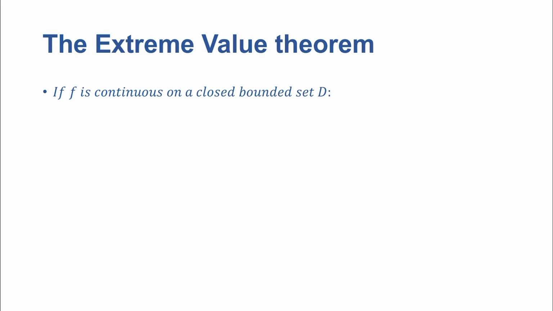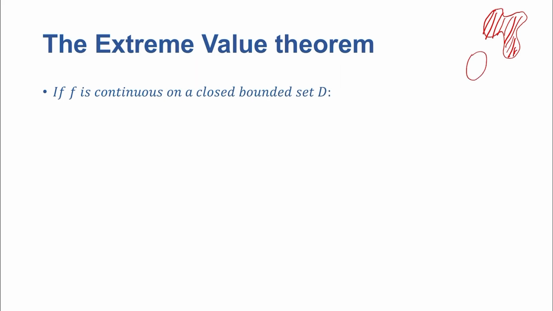So let's say that f of x, y is continuous on a closed bounded set D. Now when I say closed and bounded, closed means that the set is closed, right? So it is a closed shape. I can color it in and it looks like a shape, a triangle or what have you. Then when I say bounded, I mean that it has a boundary.